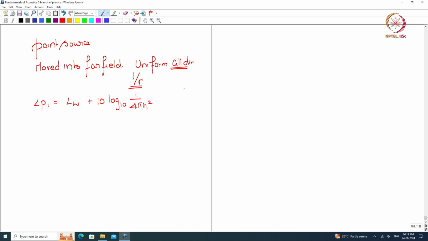This is at a distance of R1, let's say, from the point source, in the far field. Then LP2 is equal to LW plus 10 log to the base 10 of 1 by 4 pi R2 squared, as I have moved to a further location R2.